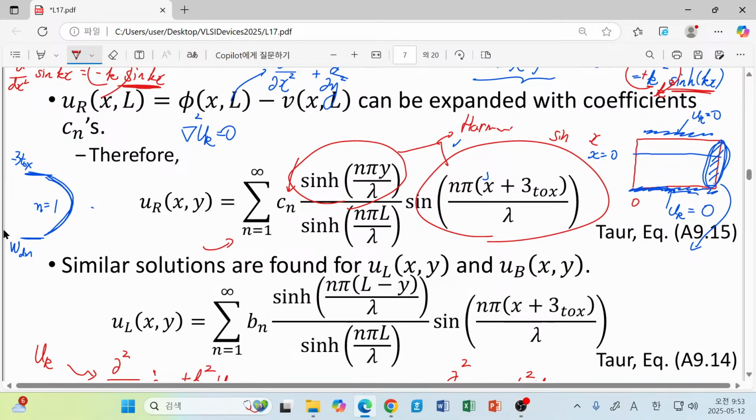And now we can just match the number n to describe the boundary condition. That's it. So by changing the n value and finding the corresponding coefficient c sub n, we can match the right boundary condition.